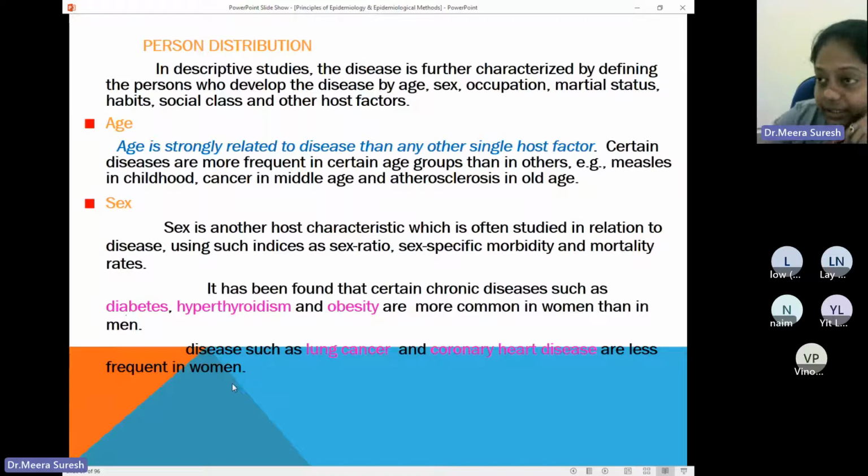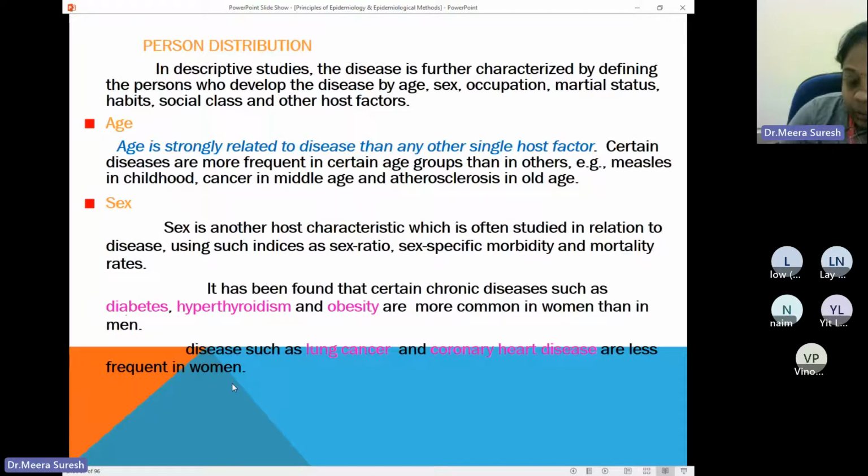But now, if we take current research, we see that the habit or addiction to smoking and alcohol is increasing in females also. Likewise, we can see that the incidence of lung cancer and CHD is increasing in females.